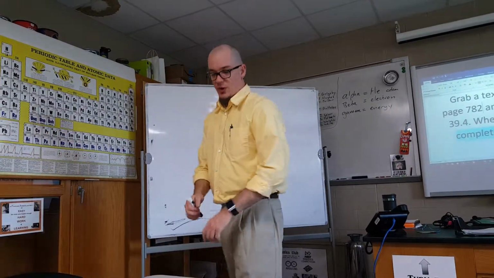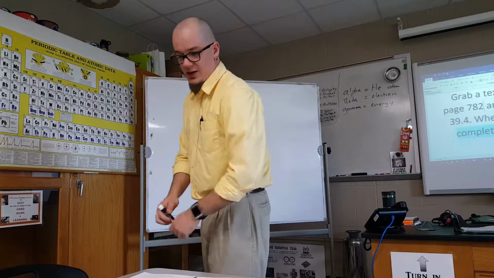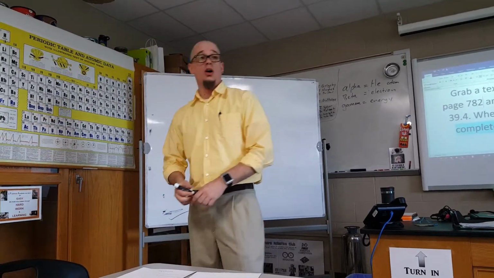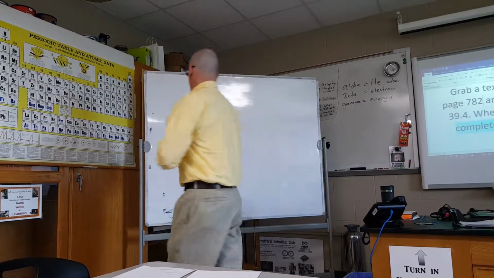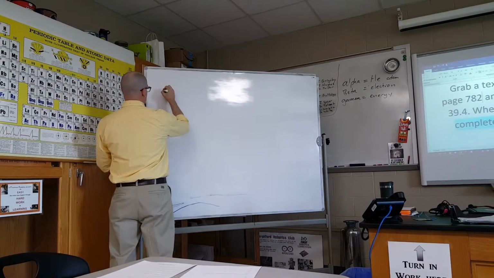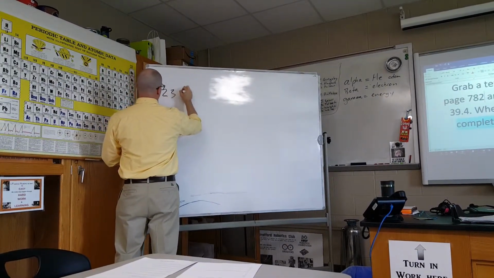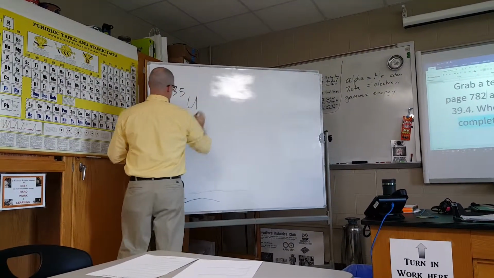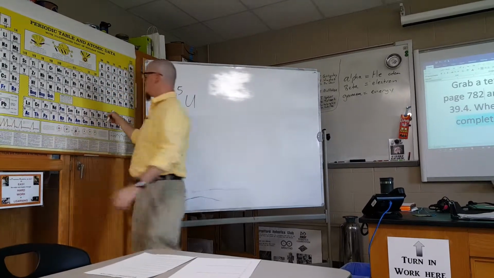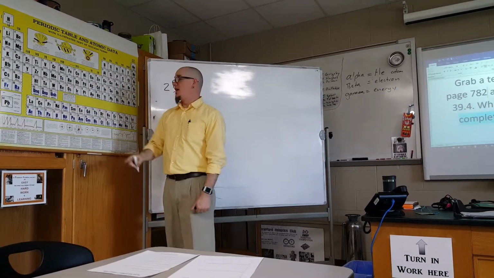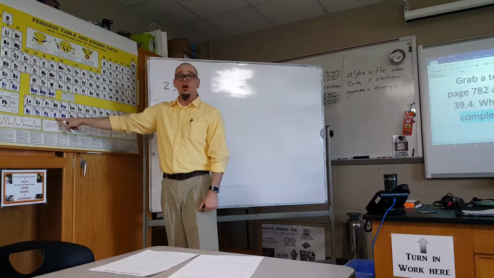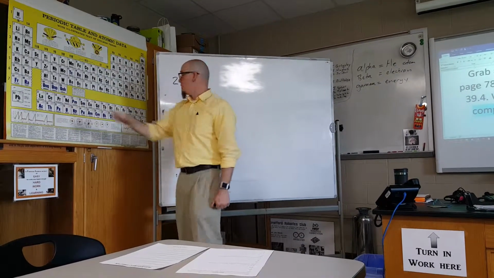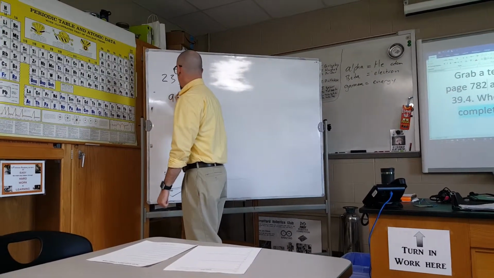So let's start with the first one. It says uranium-235 undergoes alpha decay. If y'all remember from Monday, we write uranium-235 like this. Then we have to look on our periodic table to find the atomic number of uranium. It's 92. So we put a 92 here.